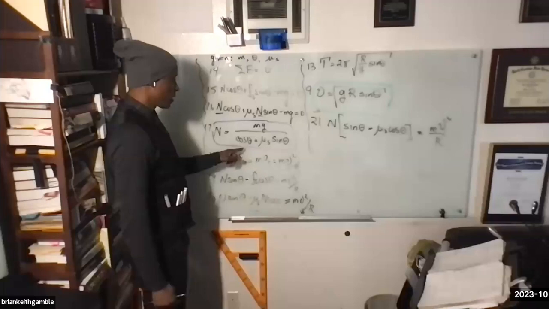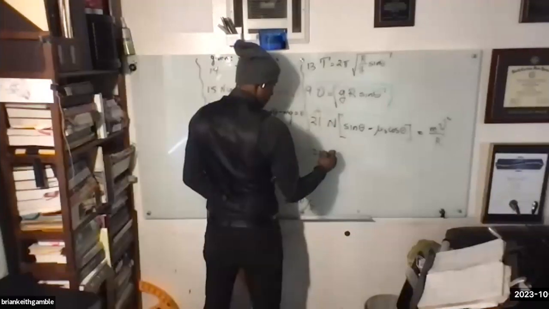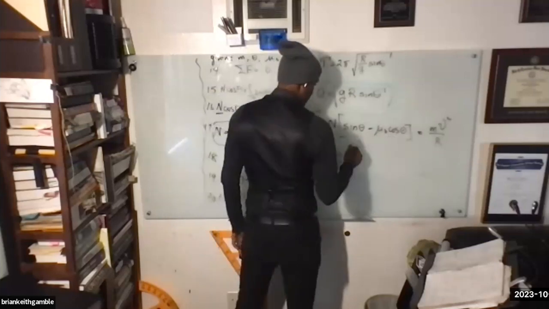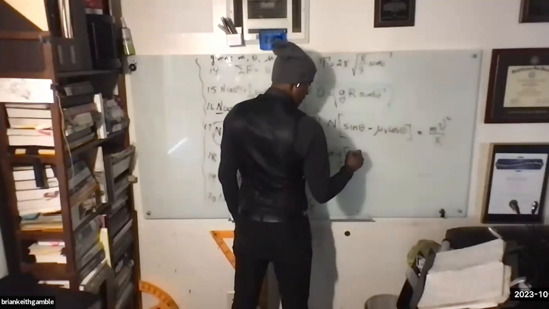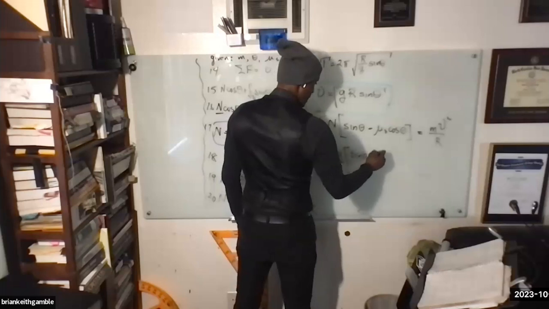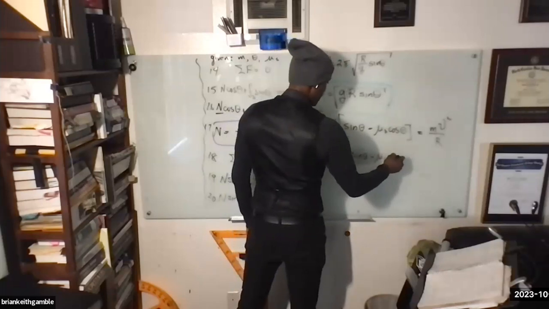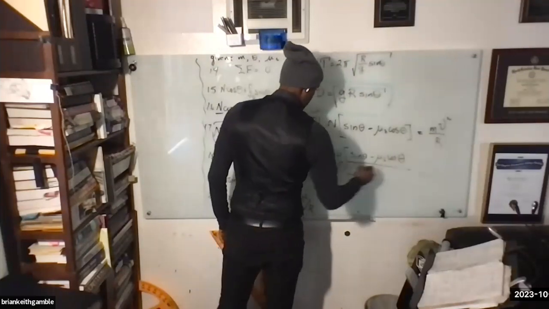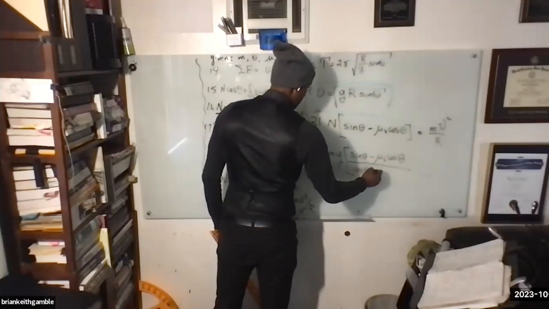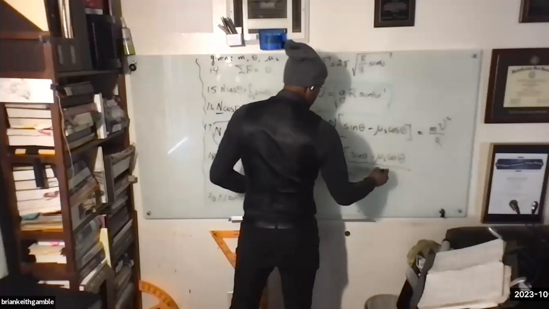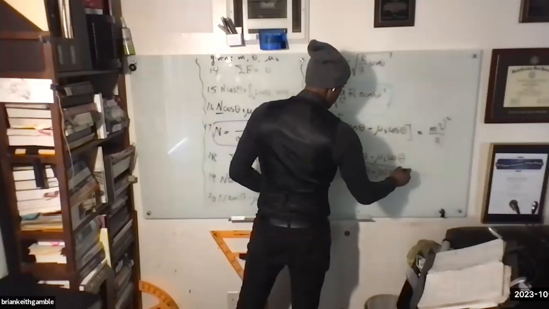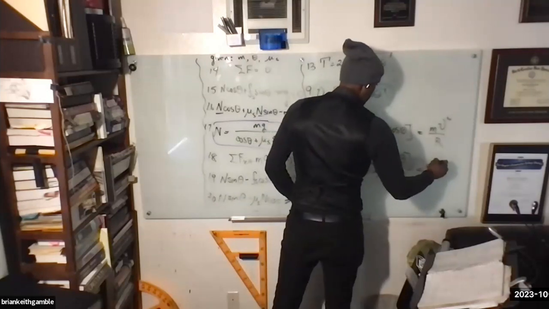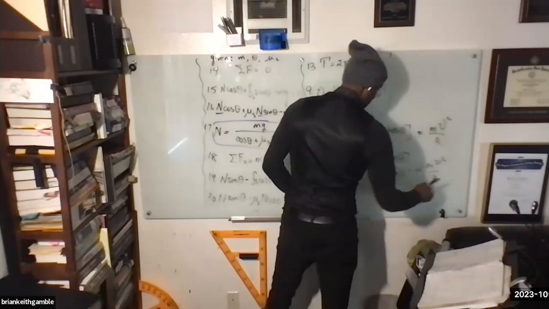I substitute in here, I'm going to get mg times, now the numerator is still going to be this thing, sine theta minus mu s cosine theta, but the denominator is going to be this thing, cosine theta minus mu s sine theta. And that equals m v squared over r.